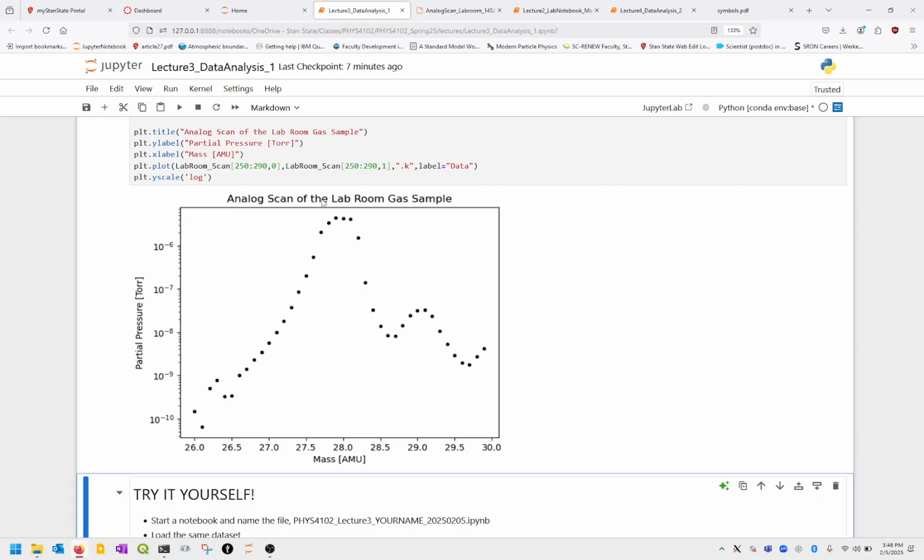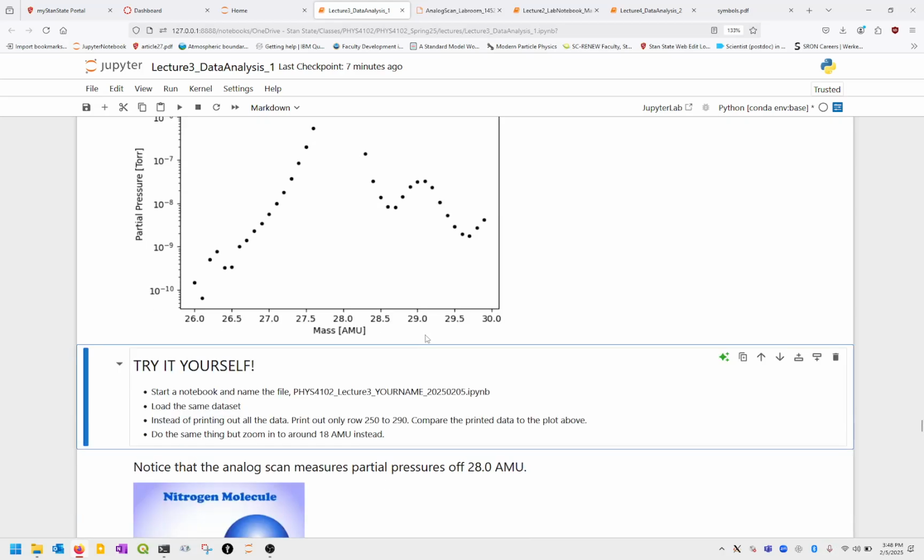That's usually the best way to zoom, because there's another way, changing the y lim and x lim, but then you're still plotting everything, so it's kind of a wonky thing.